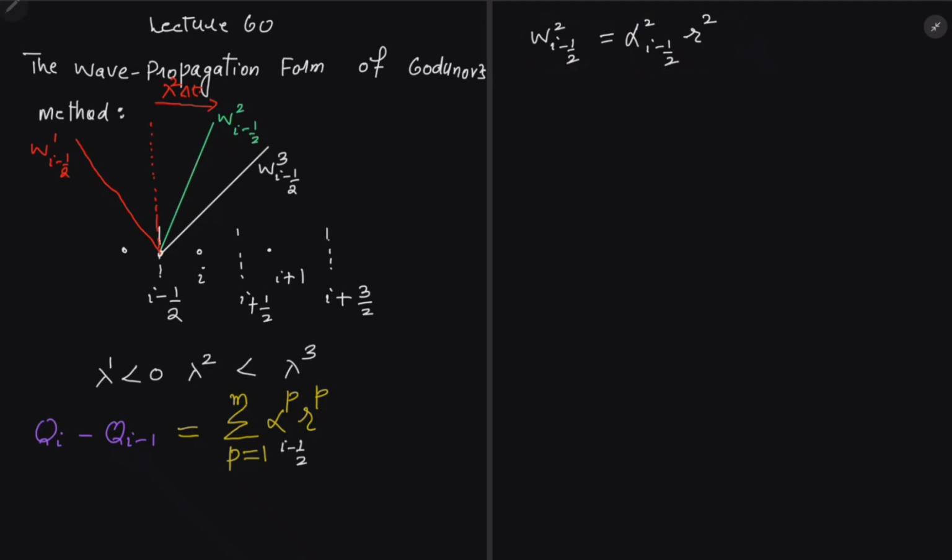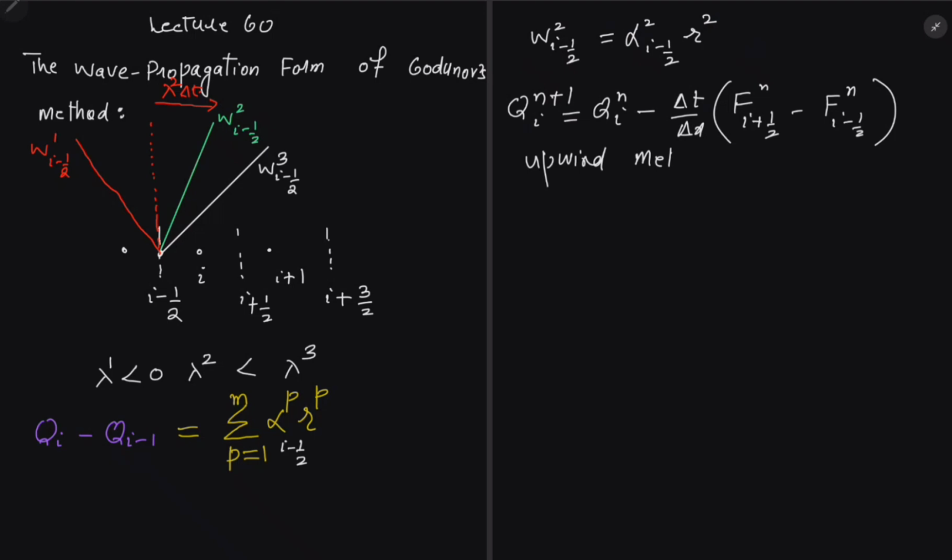When we use such a value in the numerical method, suppose we have Q at n plus 1, I is equal to Qni minus delta T by delta X, and we have, for example, the flux Fn at I plus 1/2 minus Fn at I minus 1/2. And suppose we have the upwind method.